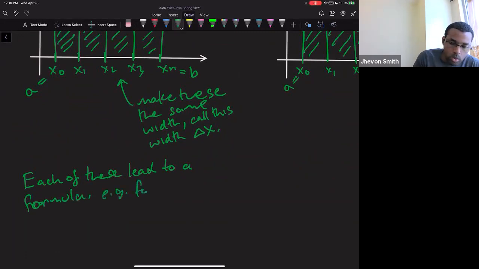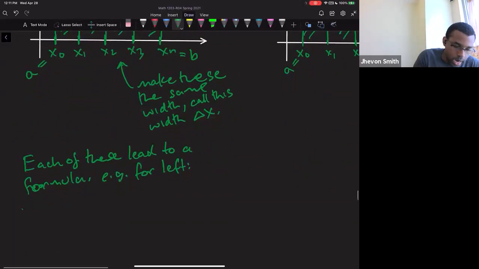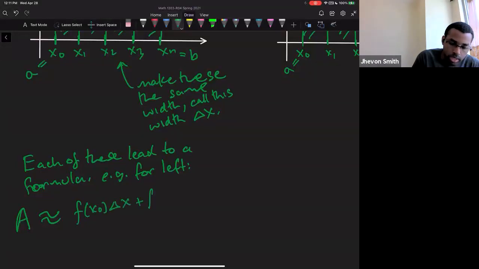For example, for left, you would end up with the area is going to be roughly f of x0 times delta x plus f of x1 times delta x.